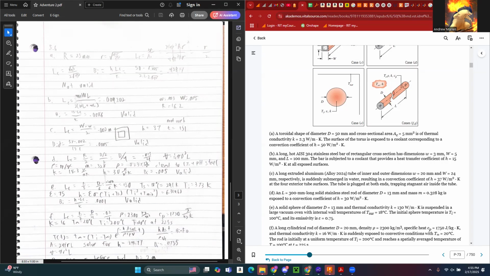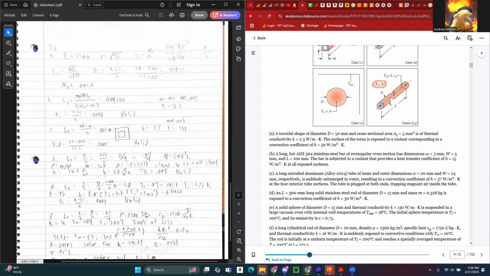I Googled this, and it appears that the closest type of steel to this description is 17-4 PH steel. Looking at those material properties, it gave me a thermal conductivity of 18.3 watts per meter Kelvin. Plugging that into the Biot equation gives us once again a Biot number of 0.005, which is valid to use.